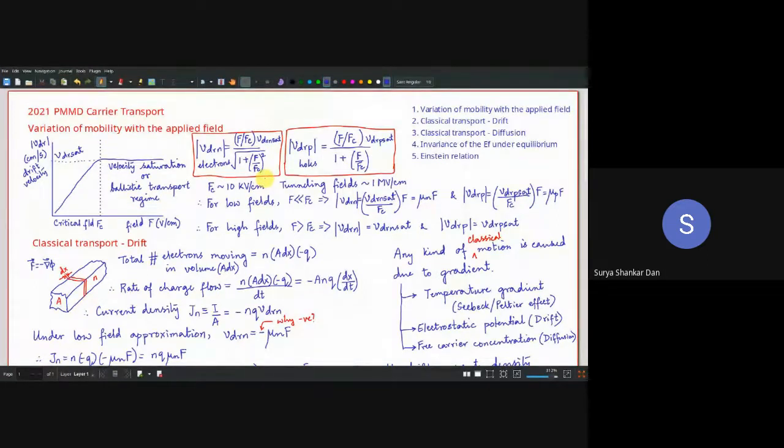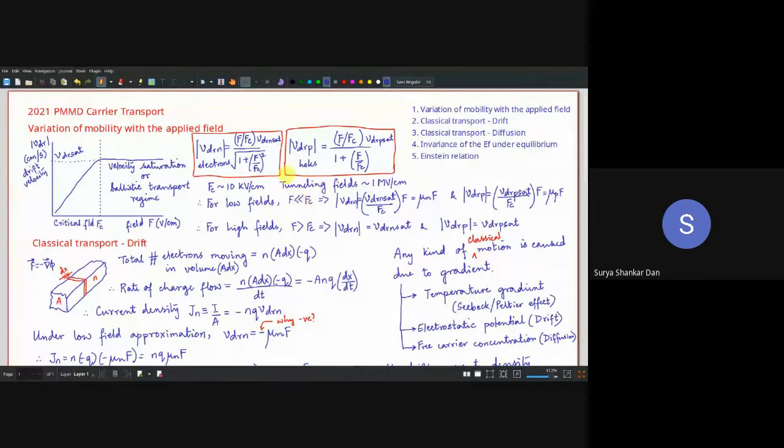Now from these equations, what we can clearly understand for low fields, that is, the field F much lower than FC. In this region, we observe that VDRN, the drift velocity of electrons, and here VDRP, the drift velocity of holes.